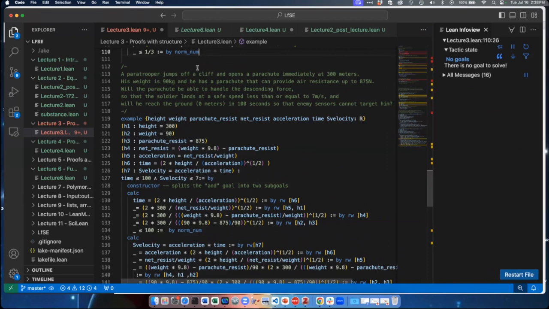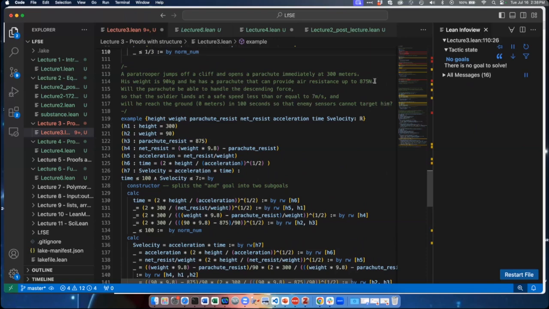So a parachuter jumps off a cliff and opens a parachute immediately at 300 meters. His weight is 90 kilograms. He has a parachute that can provide air resistance up to 875 newtons. Will the parachute be able to handle the descending force so that the soldier lands at a safe speed? Okay, you don't want to hit the ground too fast, okay? But you also want to get there fast. You don't want to spend too much time hanging in the air. You're behind enemy lines, and the enemy sensors might target you if you hang in the air for too long.